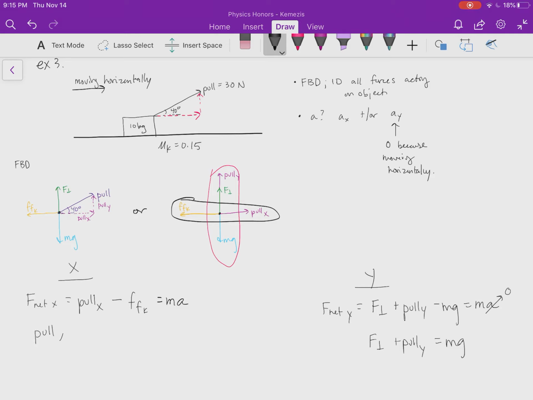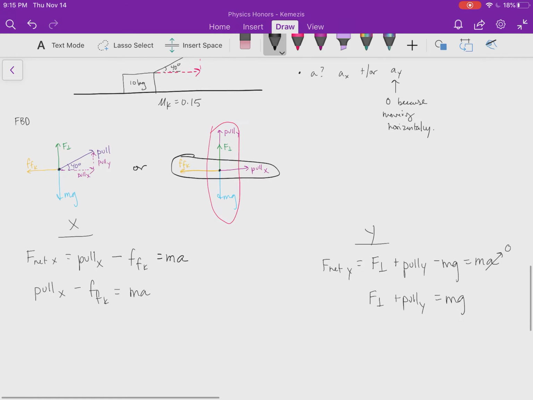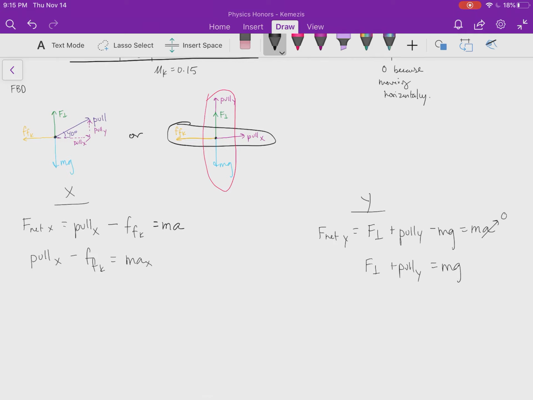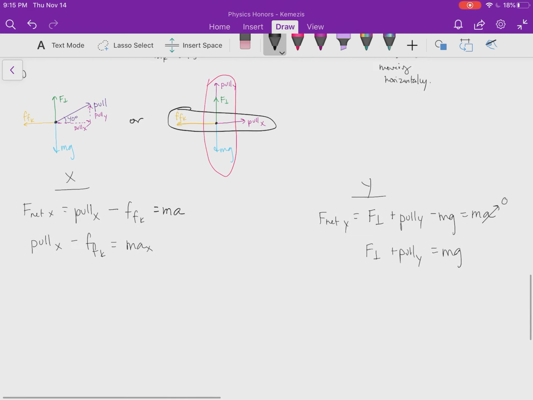So we have pull x minus F friction, that is kinetic, is equal to ma. And all I'm going to do now is solve for the forces, because we have two things that we're doing. We're trying to solve for all of the forces that are acting on this object, and we're trying to solve for the acceleration. So the acceleration here, right, we're technically talking about acceleration in the x. We want to solve for this a, but before we can solve for this a, we have to put in all of this other information. So there's a little bit of work to do.